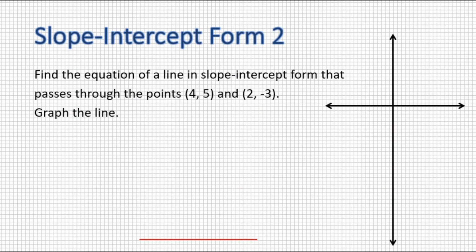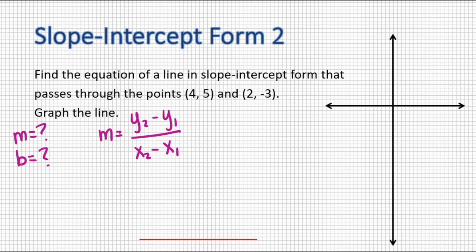Here's another variation of the question. This time they want the equation of a line, but they didn't give me much here, and they want it in slope-intercept form. So I need to find m, and I need to find the y-intercept. I have 2 points, so let's use the slope formula: y2 minus y1 over x2 minus x1.